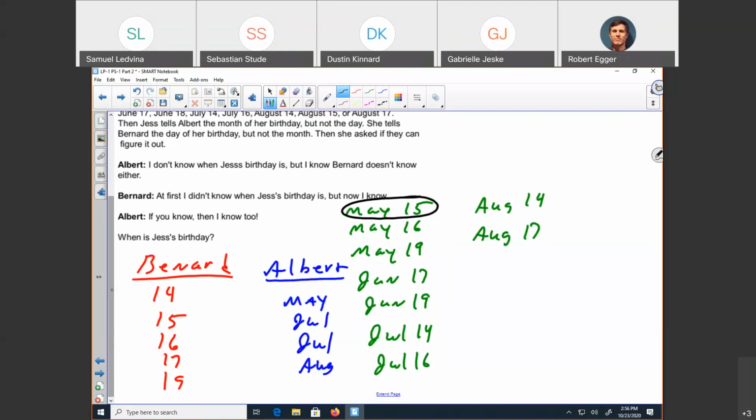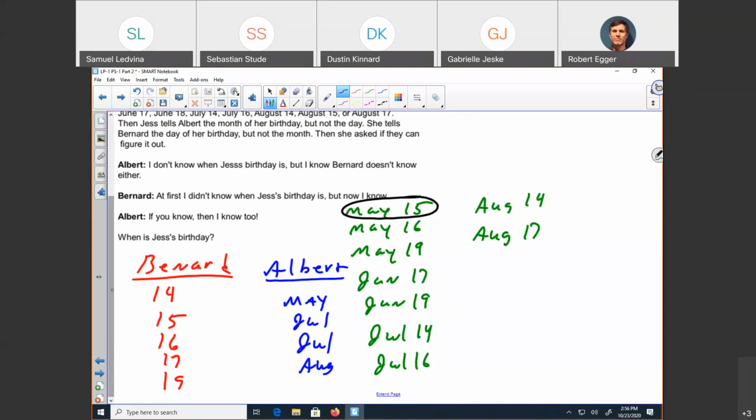So like I say, Albert knows what month it is. So I have to assume that with Albert, it's either June, July, or August. Because if it's June, July, or August, Bernard, with just knowing the date, wouldn't be able to isolate or narrow it down.